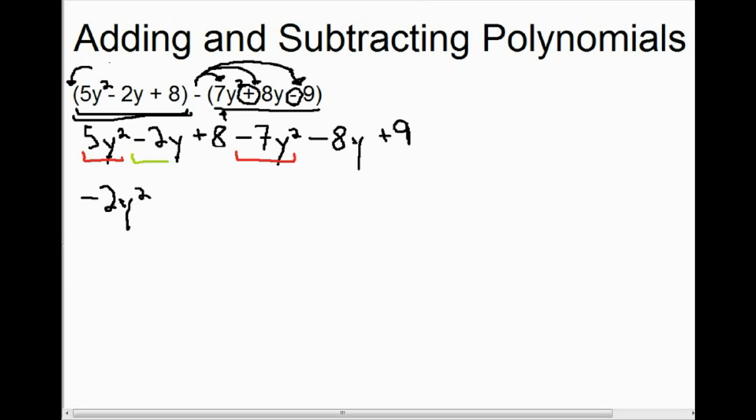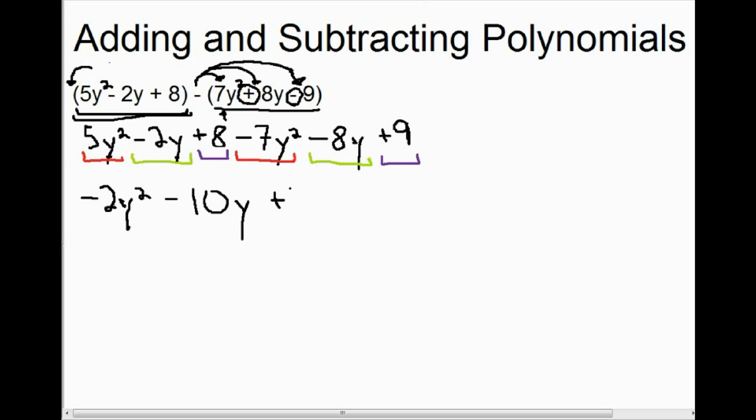Our like term with that is minus 8y. Well, if I subtract 2 and then subtract 8, overall I'm subtracting 10. So minus 2y minus 8y is minus 10y. And then finally we have plus 8 and plus 9. Plus 8 plus 9 makes plus 17.